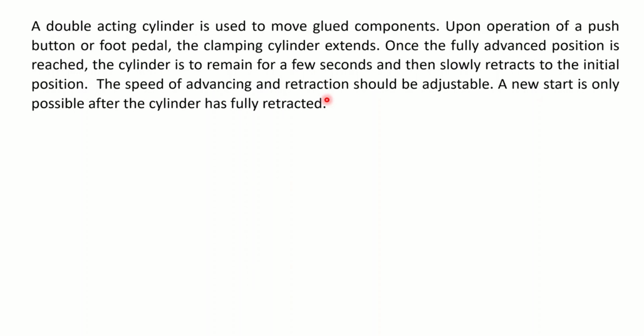And the other side of the twin pressure valve is connected to the signal coming from the push button or the foot pedal, right? And once we push the button or the foot pedal, we have both conditions met for the twin pressure valve, and from there we would have the start of the cycle.